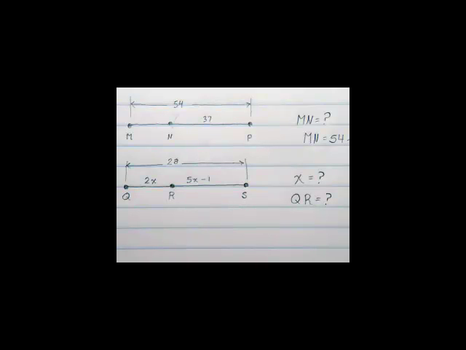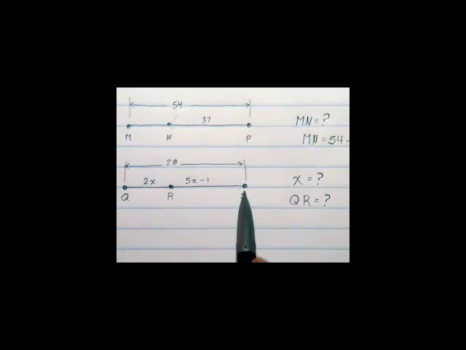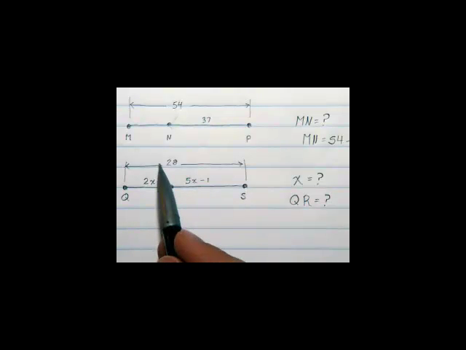Nope. You got the right idea, though, but you didn't quite do the right thing. Isn't it 2x plus 5x minus 1? Yeah, exactly. The two parts both add together to give you 28. The length of QR and the length of RS should add to give you 28.